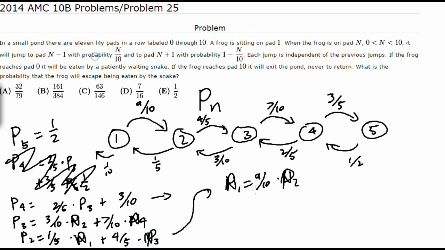So, using the system of equations, we can just find P1 through P4. And after bashing out a bunch of algebra, which I know you guys are capable of doing, we get that P1 equals 63/146. That's what you get from solving these 4 equations, which I should probably do for you, but I'm running short on time, so that is the answer.